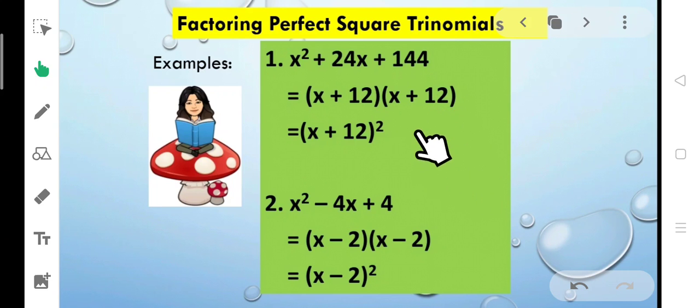Okay? And then, look at the pattern. If all the terms in the trinomial are positive, all the factors are positive. But when the middle term is negative, the factors of the last term must be all negative. Okay, remember that.